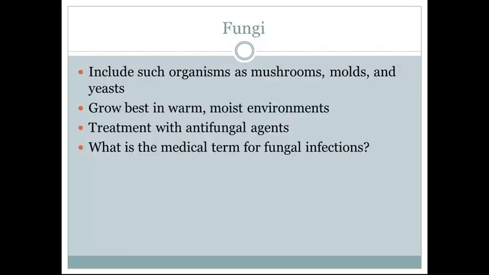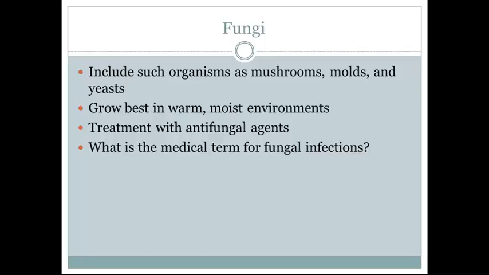Fungi include such organisms as mushrooms, molds, and yeast. They grow best in warm, moist environments. Treatment is with antifungal agents, for example, Monistat, Diflucan, Lamisil, ketoconazole, Lotrimin are all examples of antifungal agents.